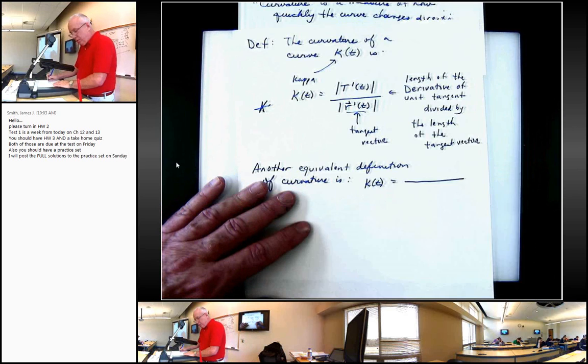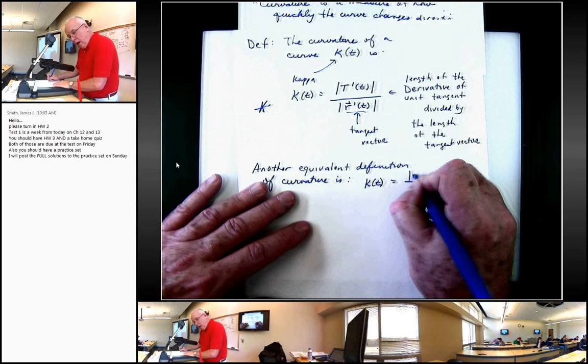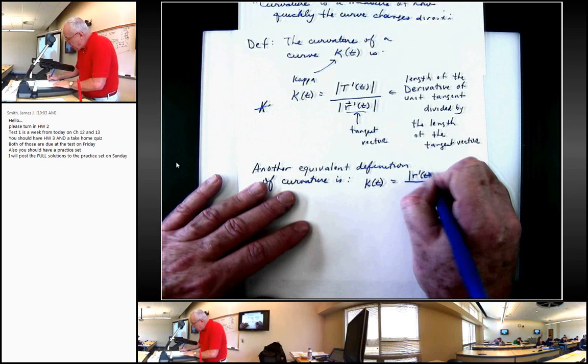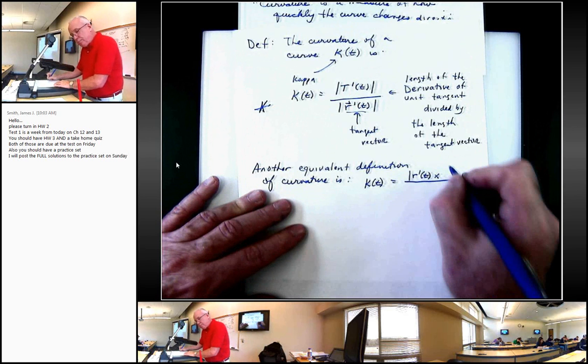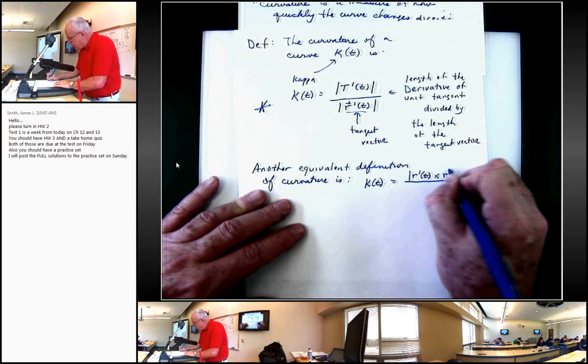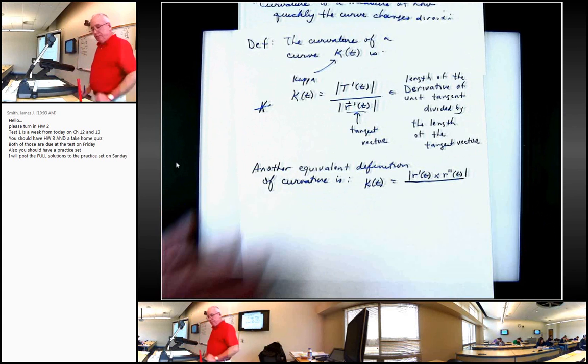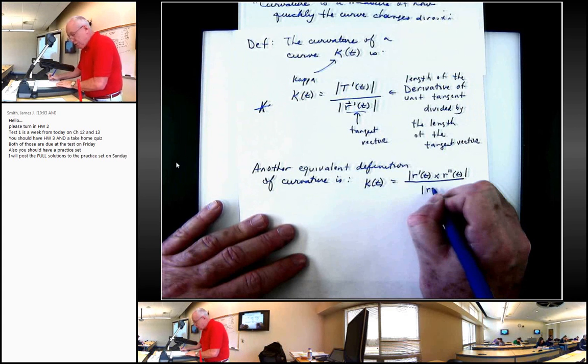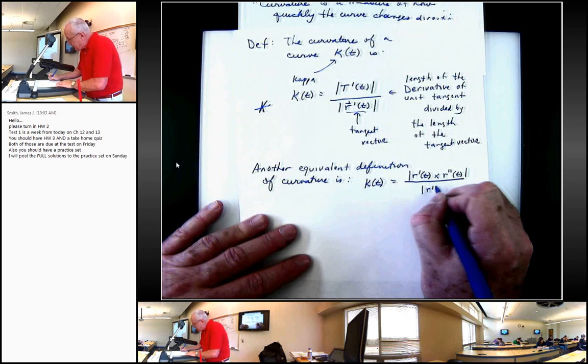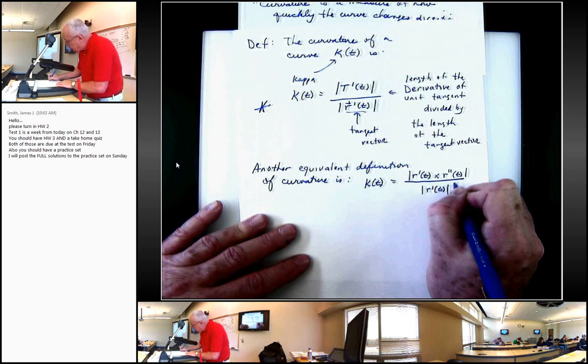The numerator is the magnitude of the tangent vector cross product with r double prime of t divided by the magnitude of the tangent vector taken to the third power.